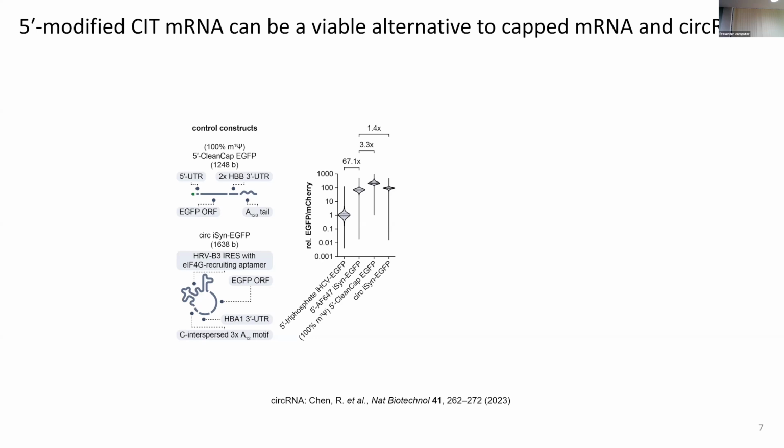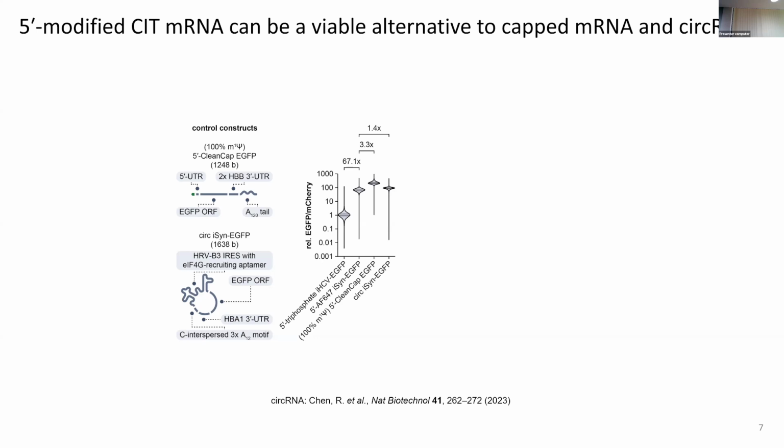And the modified construct with the engineered sequence called ISIN was performing 67.1 fold better than the starting construct that was cap-independently translated. And the modified construct was performing similarly well as capped and circular mRNA.